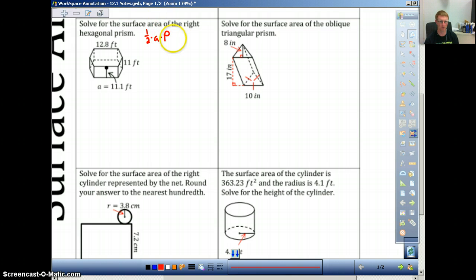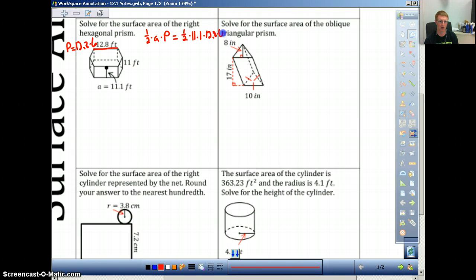Well, we can easily figure that out as 1/2 times a, which is 11.1. And then the perimeter is going to be, here's one of our sides right here, so we have 1, 2, 3, 4, 5, 6 sides. So the perimeter is going to be 12.8 times 6. We just plug that right in.